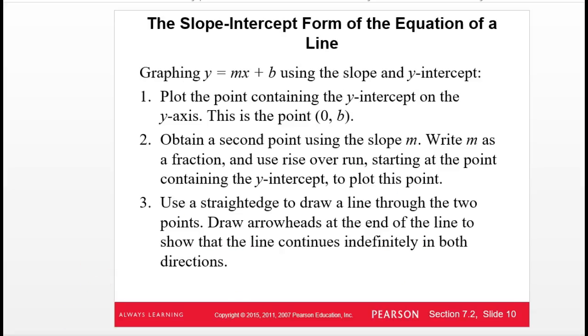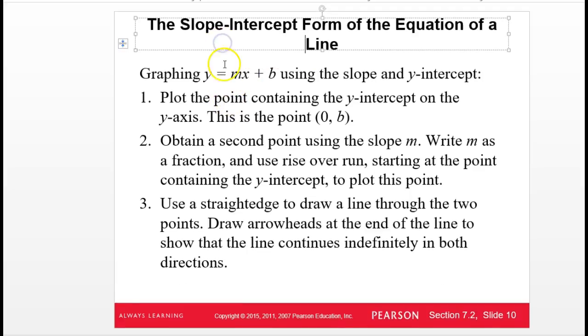Alright, how do we use the slope and that y-intercept from that mx plus b to graph? Well, we're going to start with b. We're going to start with the y-intercept. That's a known point. And then to get that second point, again, we only need 2 points to make a line, we use the slope, and we use that rise-run definition.